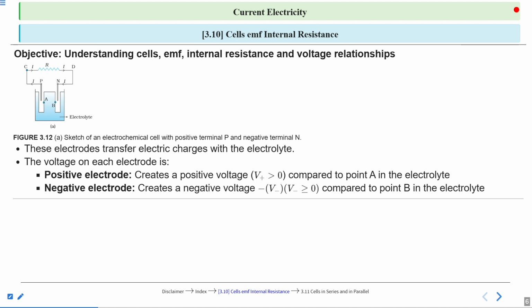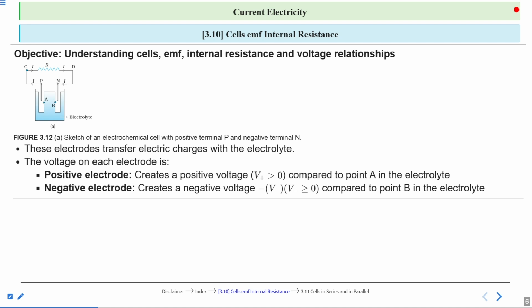The negative electrode has a negative voltage, minus V negative, where V negative is greater than or equal to 0.